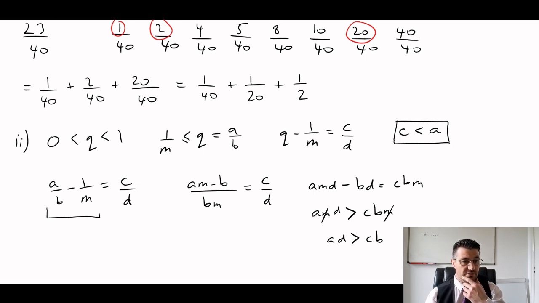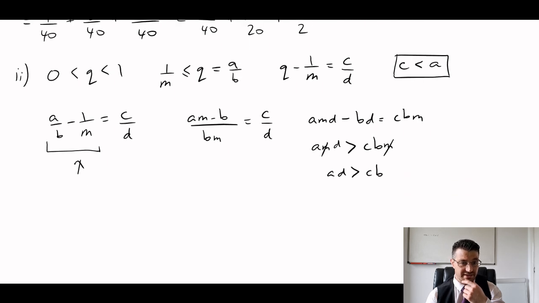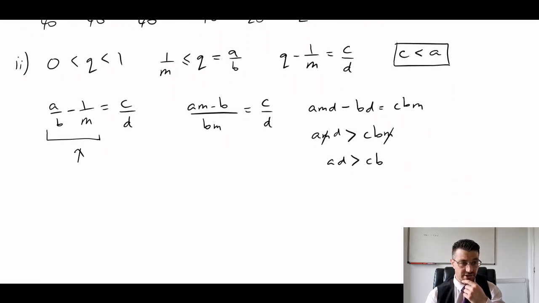And I didn't really feel that this was going anywhere. It's really not, because I could have deduced this right from here. The fact that AD is greater than CB, I could have deduced straight away, because A over B is going to be greater than C over D, and therefore AD is greater than BC.